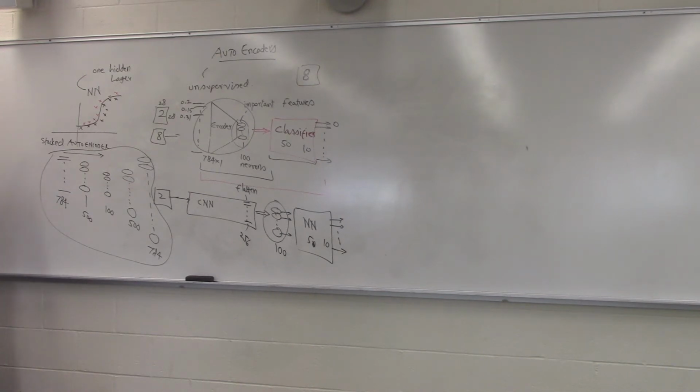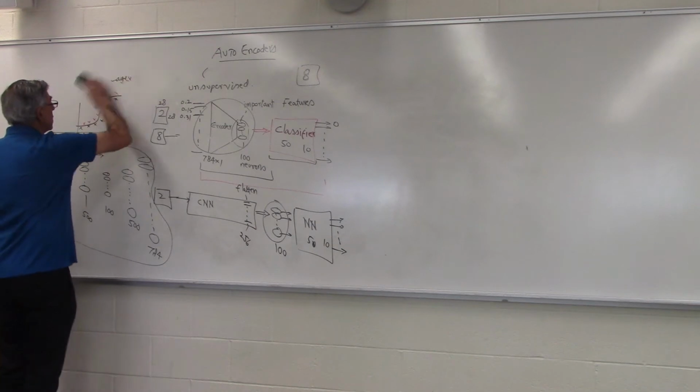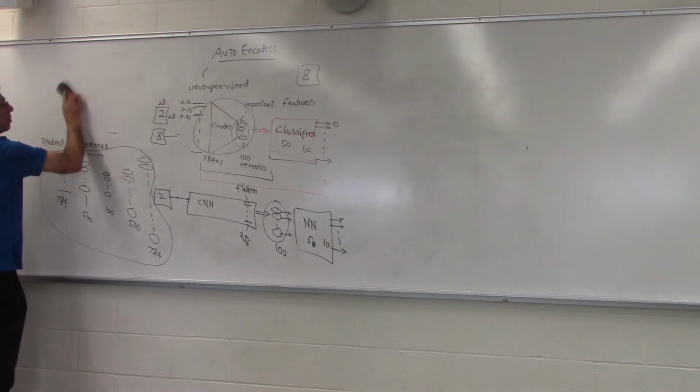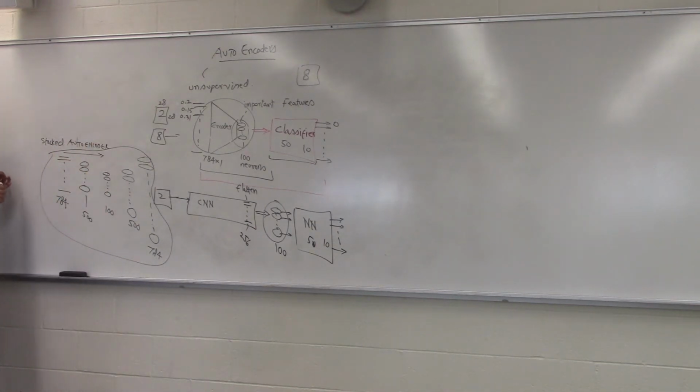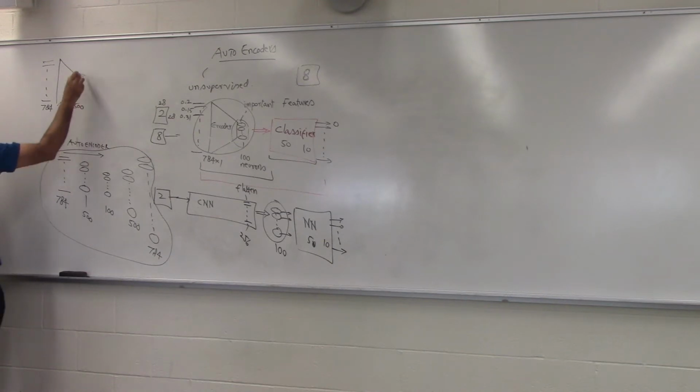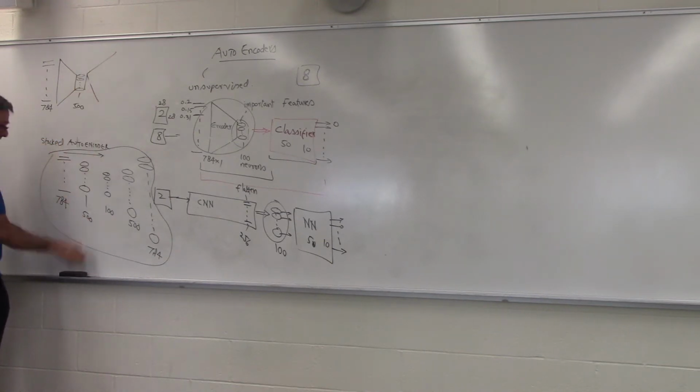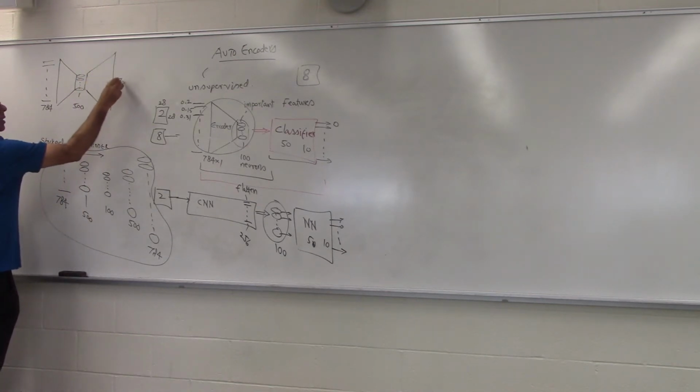What does that mean? Just train it on compressing to 500 and decompressing it. So you'll start with 784, compress it to 500, and then decompress it to 784.